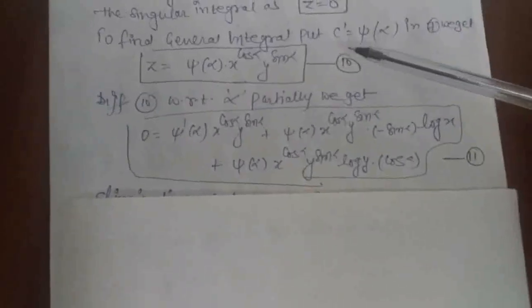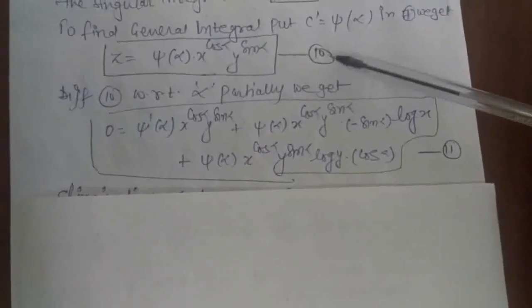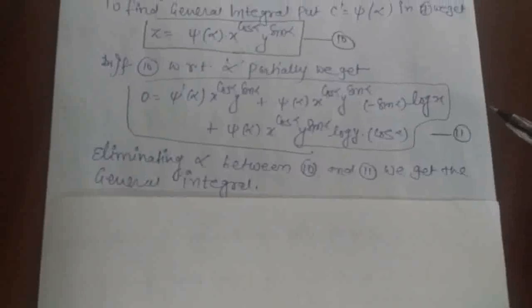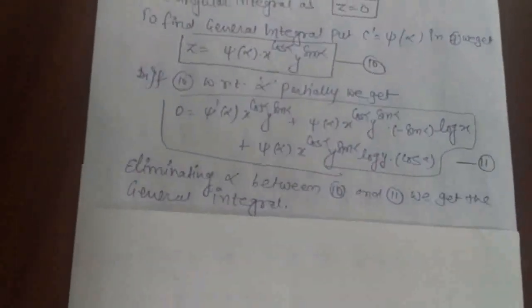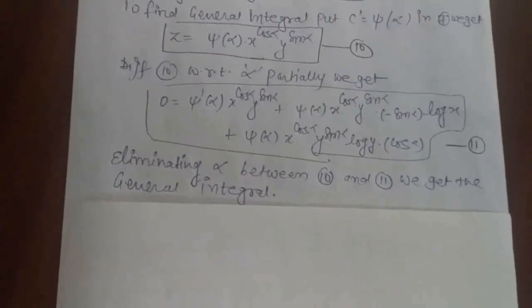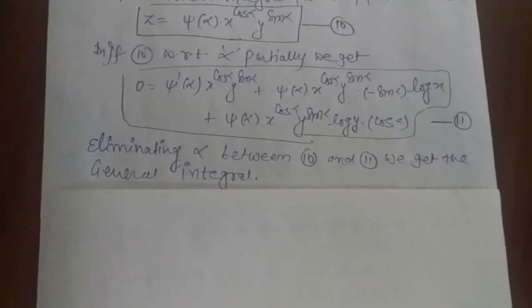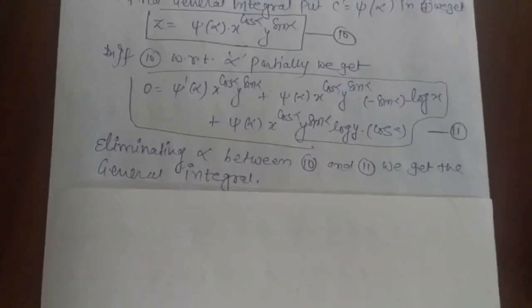Now eliminating alpha between 10 and 11, we get the general integral. So this is how we reduce the given nonlinear partial differential equation into standard form and then obtain the solution.